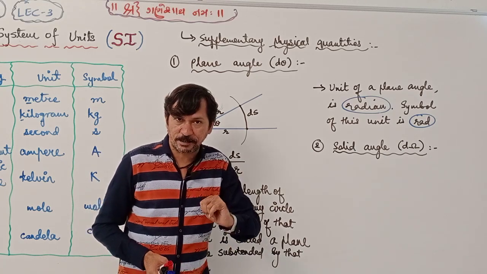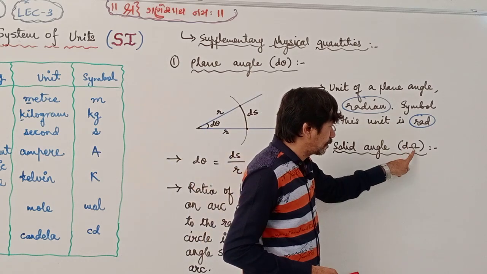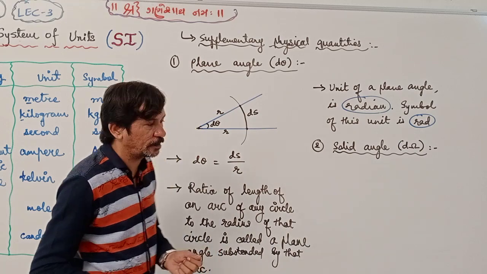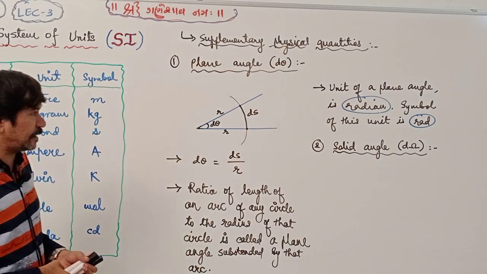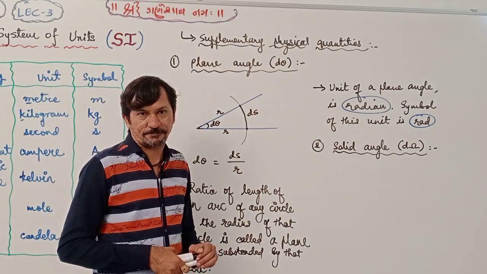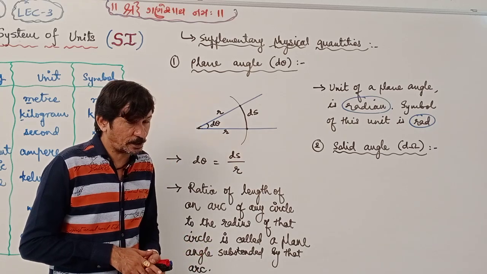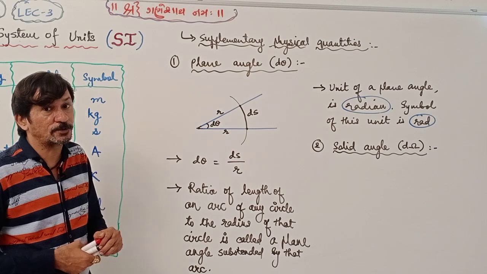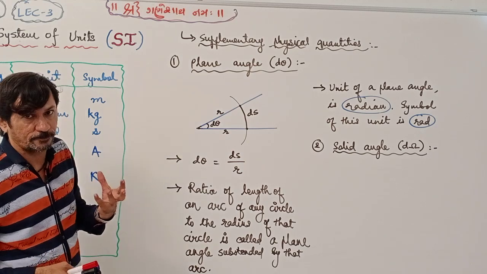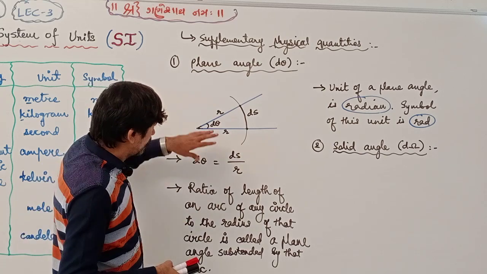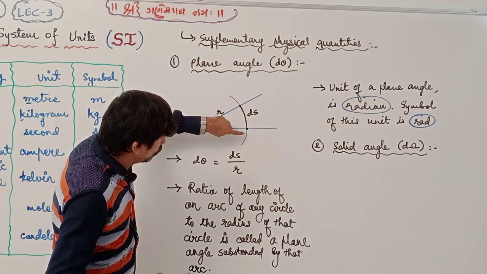But in this chapter, it is the sign of a solid angle. Now solid angle is a 3-dimensional angle, and it can be understood with respect to a sphere instead of a circle.